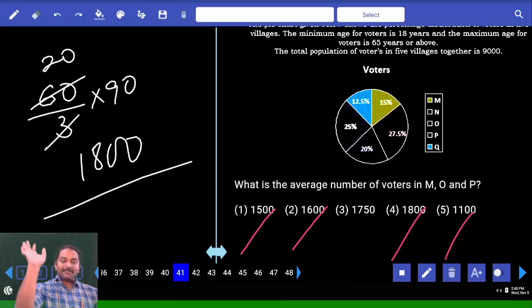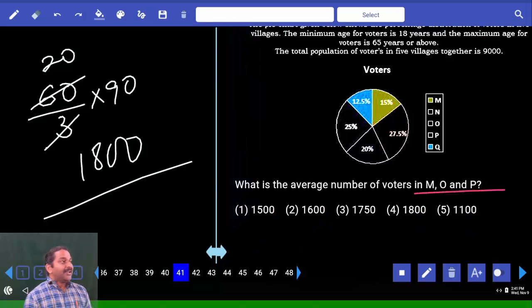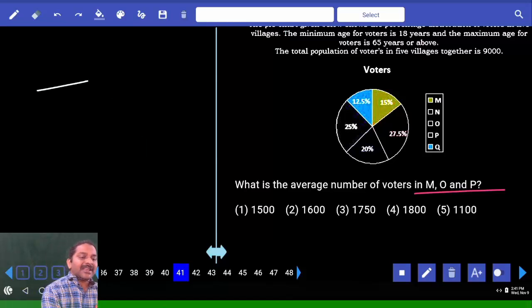Can you apply the same logic to the previous question? Can you apply it? Why? Average for 3. In place of average for 3, if you are given average for 2, average for 4, average for 5, yes, we can apply the logic. If you are asked to calculate average for 2, what number comes in the denominator?